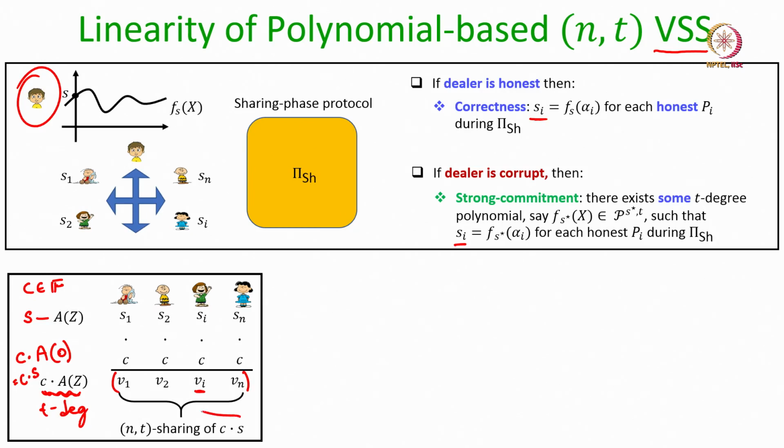That means the new vector of shares actually constitutes a vector of NT secret sharing for the value c times s.